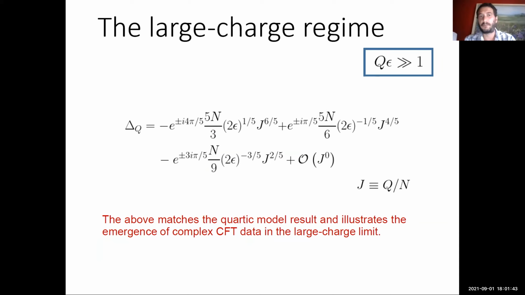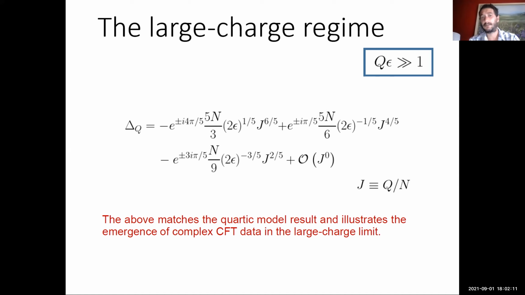And now we confirm this observation on the cubic side of the dual description. So we see that there has to exist a critical value of the charge above which the scaling dimension becomes complex. Why this is so is still to be fully understood. It is, in my opinion, a very interesting question.